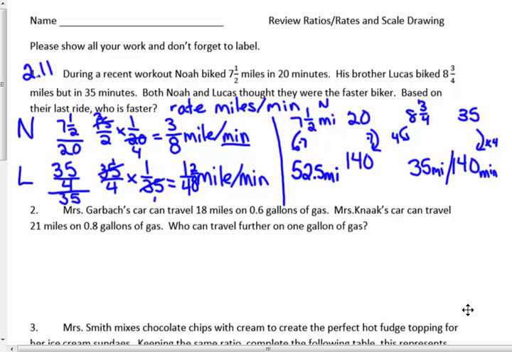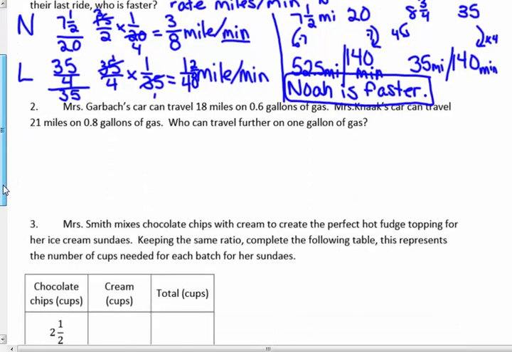So you can see over a long period of time, like 140 minutes, it's almost 2 hours, that Noah covers more distance. So who is the faster rider? Noah is faster. So there's my answer. Noah is faster.